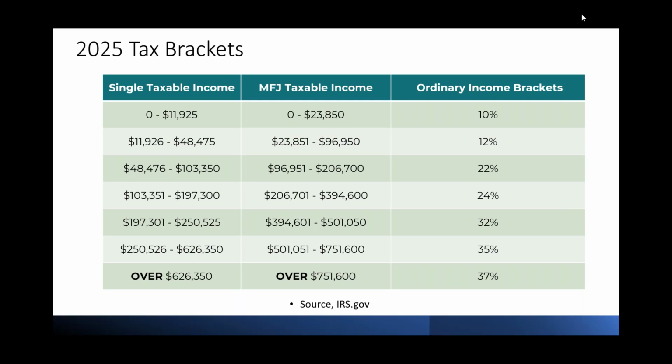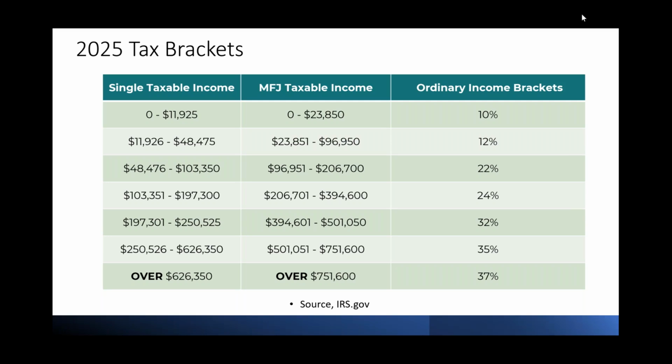And most of you are going to fall in that 22% tax bracket, which basically means if you're married filing jointly, your marginal tax bracket, which is the highest tax bracket that you pay tax on, is anywhere between $96,951 and all the way up to $206,700, right? So if you and your spouse's income are somewhere in between there, you're going to fall in the 22% tax bracket. And obviously, as you can see, it goes up to 24, 32, 35, and the highest being 37.